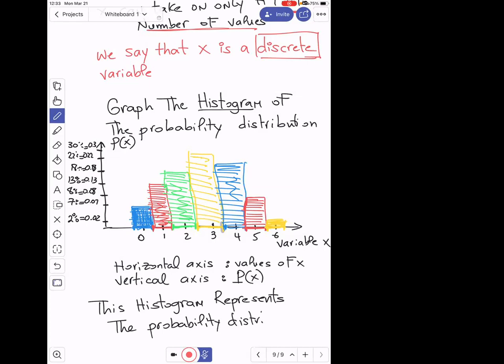Again, guys, just keep in mind, when I say a probability distribution, it means for each value of x, you assign a probability, right? For each value of x, there is a corresponding probability, okay? Any questions so far? Let me see the chat.